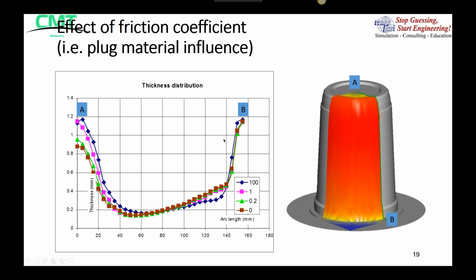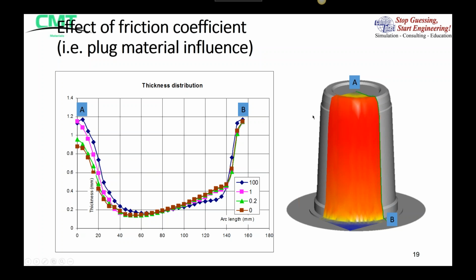We can study the effect of the plug material via the coefficient of friction. Basically, that's how TSIM determines what plug material is used, in that different plug materials have different coefficients between them and the polymer.